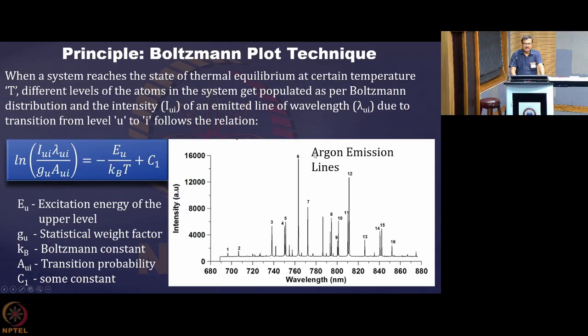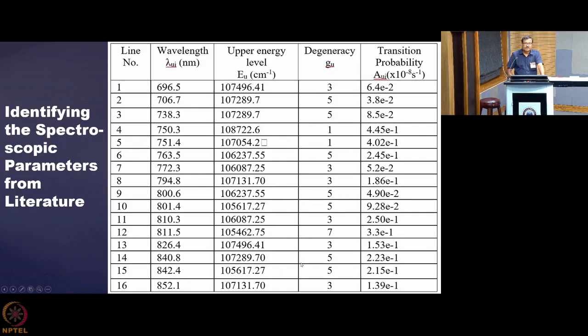Then the sixth one, for example, is near 760; I get its exact value as 763, and you see the upper energy level corresponding to this, the degeneracy value for the 7th one is 3, and the transition probability is this. These values EU, GU and A I got from the database, and the database lists all these parameters as a function of the transition wavelength.